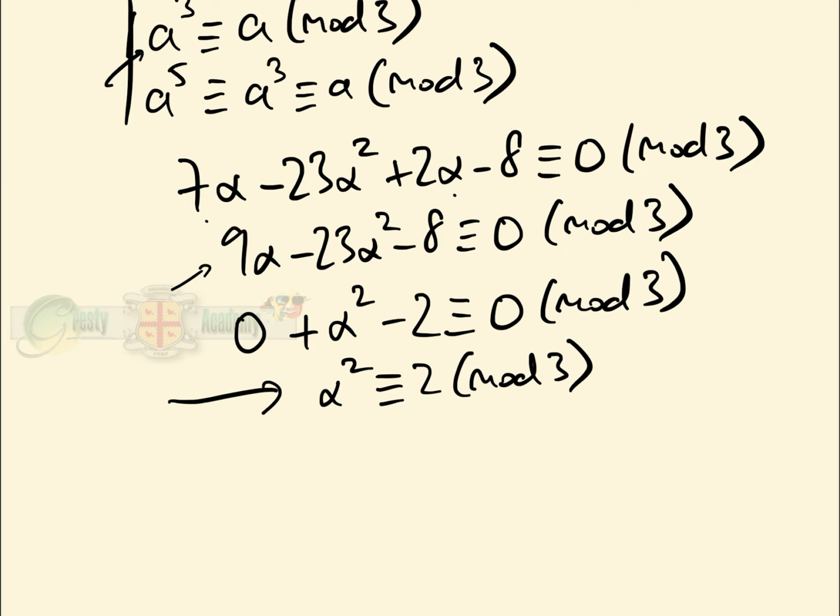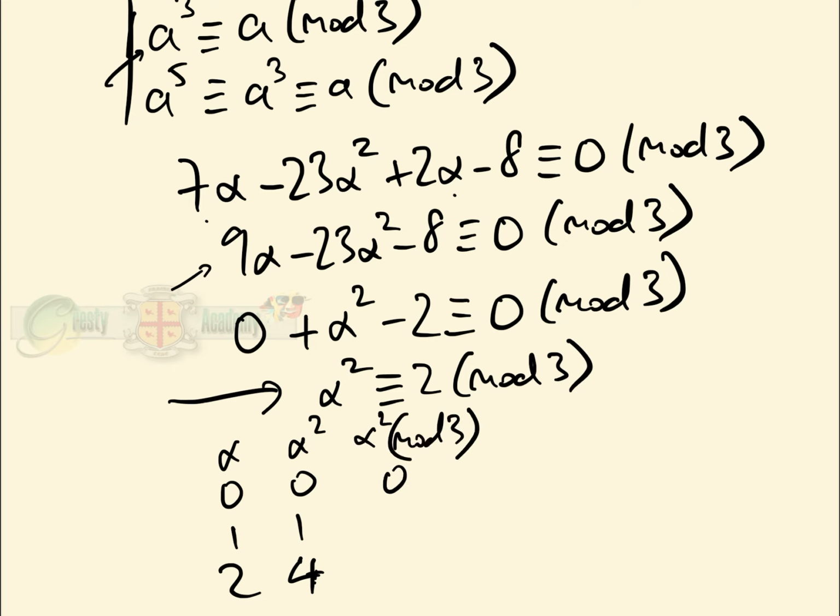Now there's a problem with this. Let's have a look at the 3 possible values of alpha mod 3. It could be 0, 1 or 2. So alpha squared can be 0, 1 or 4, which means alpha squared mod 3 is equal to 0, 1 or 1.